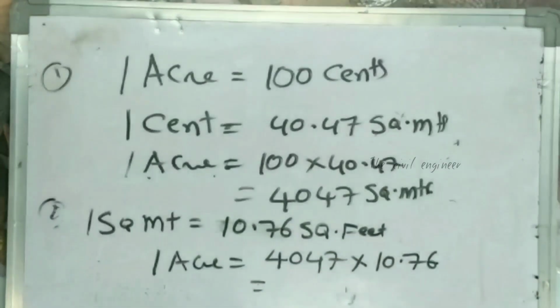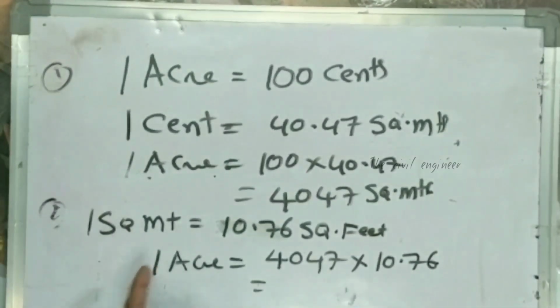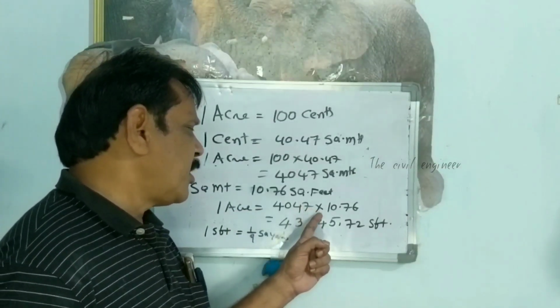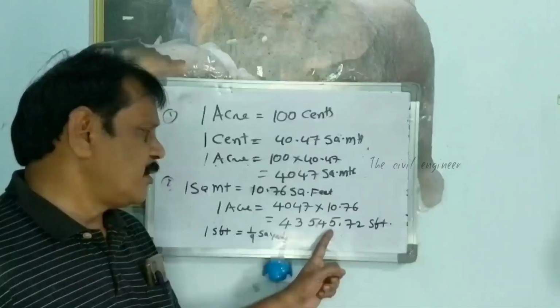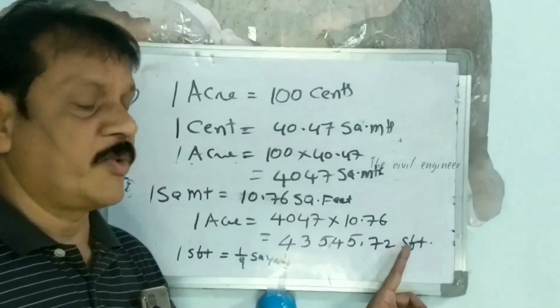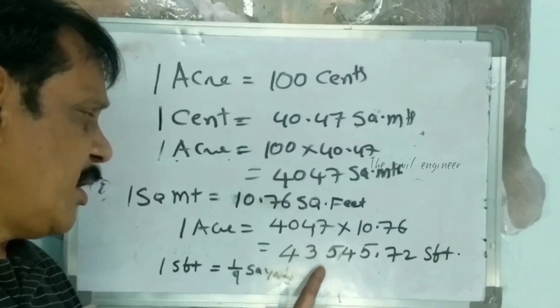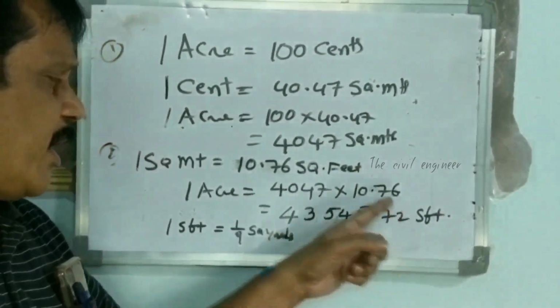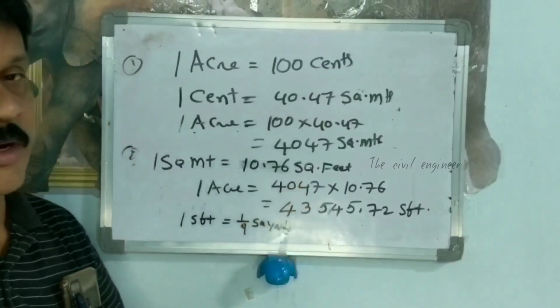Then it can be converted into square feet, and we can easily find the value in square feet. That is equal to 43,545.72 square feet.